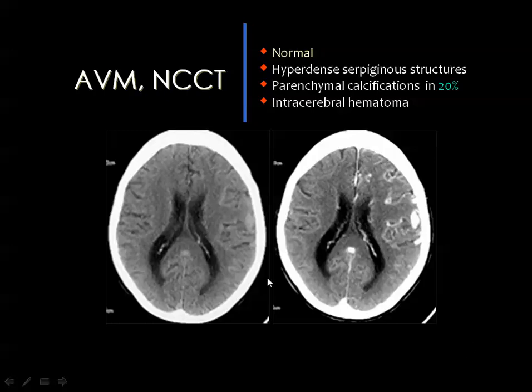And this is an example of an arteriovenous malformation in the left parietal area, which can be hardly seen in the pre-contrast scan. After injection of contrast, you can see multiple dilated tortuous vessels contributing to the vascular malformation, and note that there is no mass effect and there is no perifocal brain edema in this case.